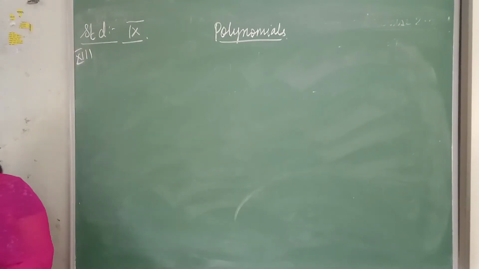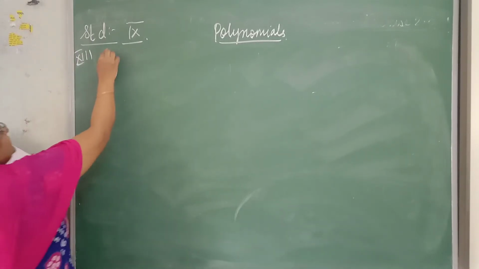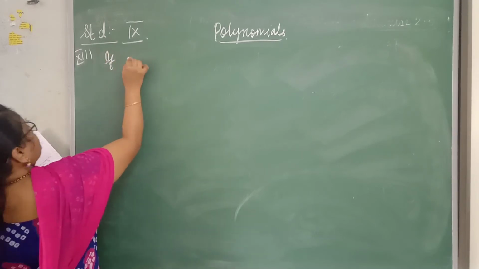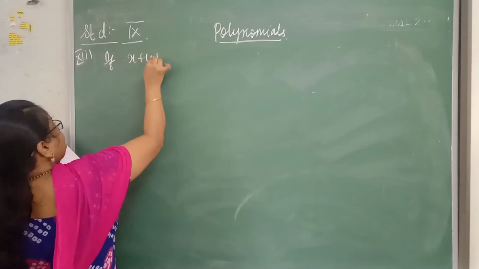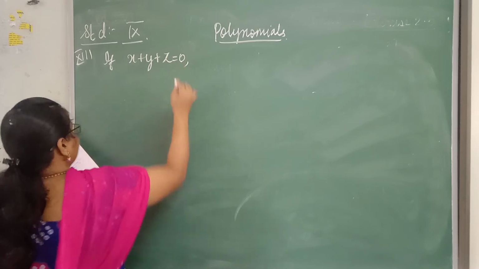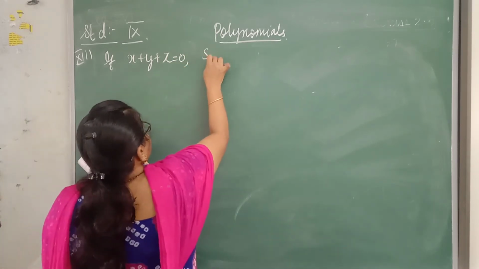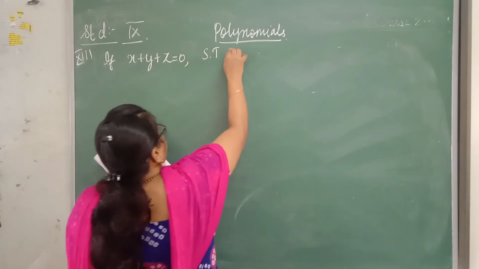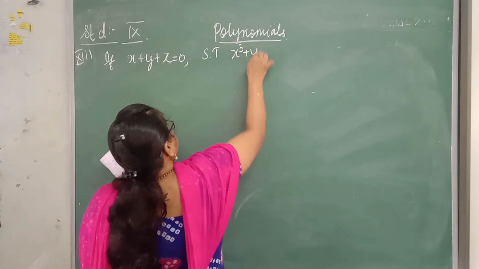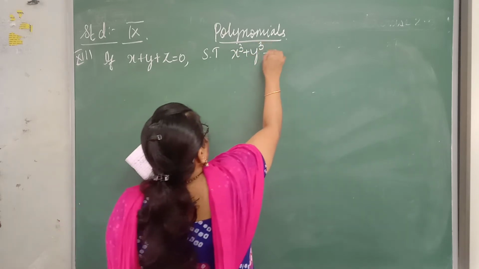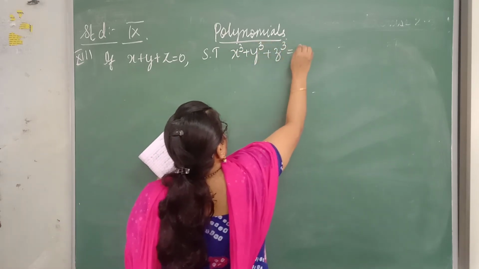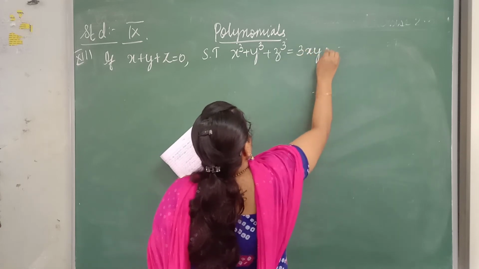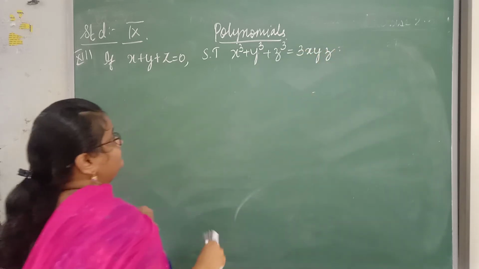So 13th main, the question is, if x plus y plus z is equal to 0, then show that x cube plus y cube plus z cube is equal to 3xyz.